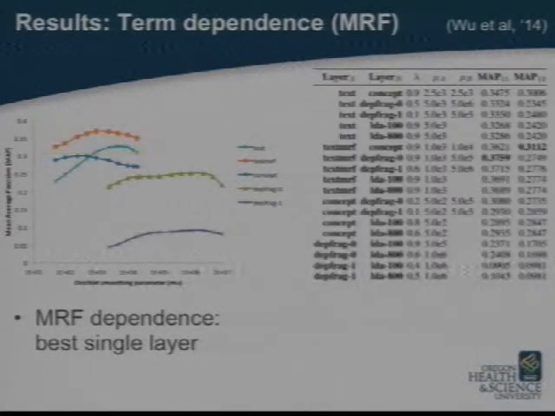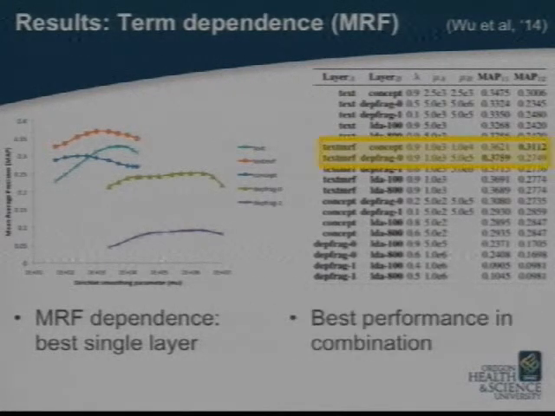But additionally, if, as I'm trying to do, you want to combine other layers of information, this Markov random field model also does the best when you combine it with other layers of information. So we have here a term dependency model that is very effective.